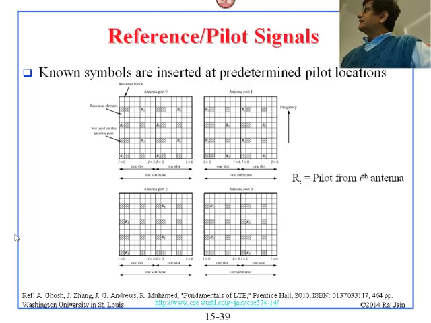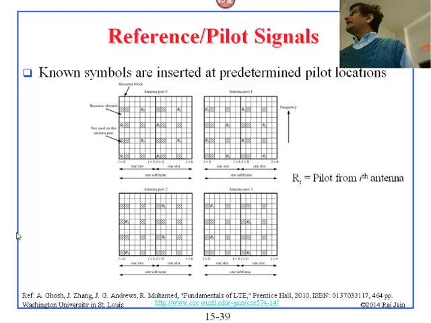This says that this is a pilot from the ith antenna. So whenever you transmit from antenna number 0, you put the pilot there. When you transmit the same information on antenna number 1, you put the pilot there, R1. So when somebody gets that signal, they can figure out where it is coming from. Alright, that is how the MIMO is done.